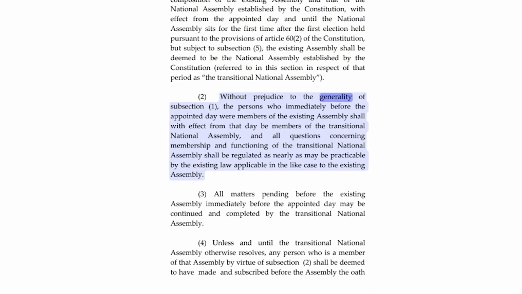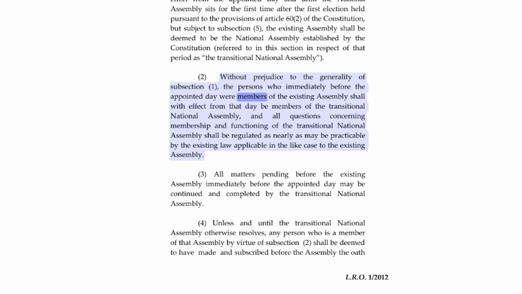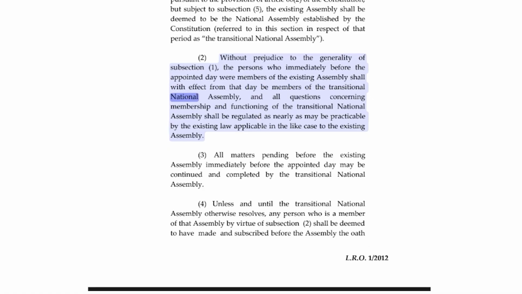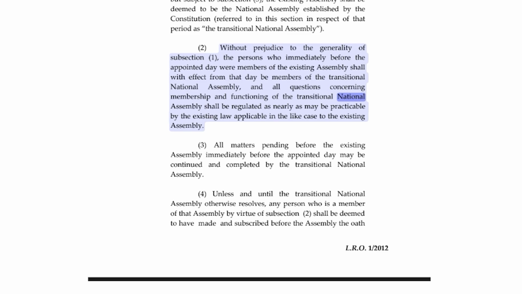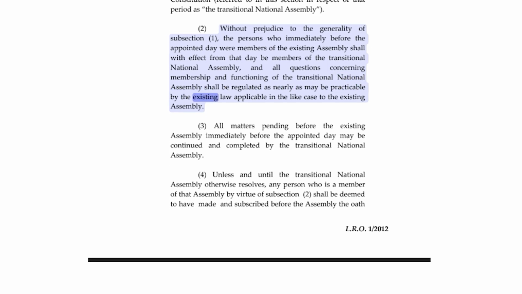Without prejudice to the generality of subsection 1, the persons who immediately before the appointed day were members of the existing Assembly shall with effect from that day be members of the Transitional National Assembly, and all questions concerning membership and functioning of the Transitional National Assembly shall be regulated as nearly as may be practicable by the existing law applicable in the like case to the existing Assembly.